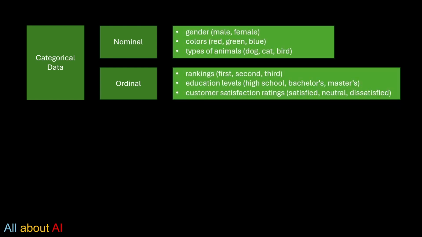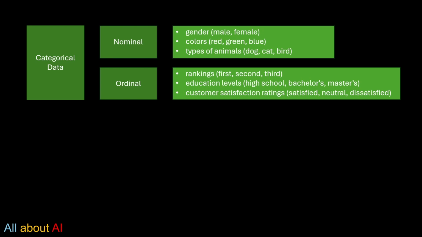There is another crucial category, categorical data. Categorical data comes in two flavors, nominal data and ordinal data. When data has no hierarchy or sequence or pattern, then it's nominal data, like gender, male, female, colors, red, green, blue.